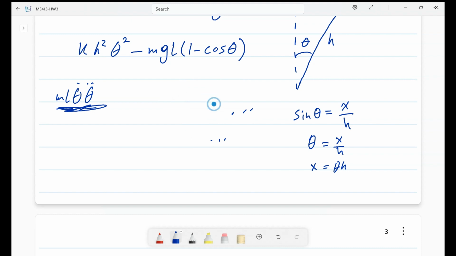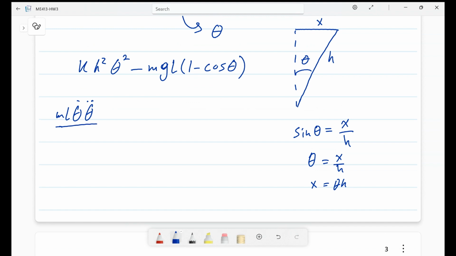Okay, this is for the kinetic energy. For the potential energy, we have 2k h square theta multiplied by theta dot. The same goes for theta as we did before. And for mgl, the constant term will go to 0 because mgl multiplied by 1 is just a constant, and the derivative of a constant with respect to time is just 0.